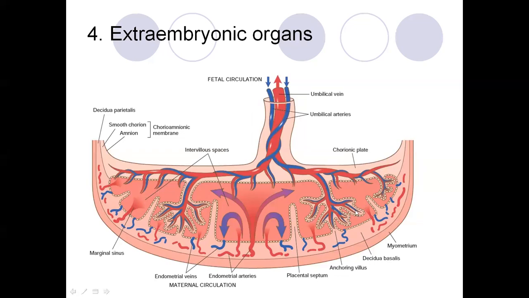These bloods can only exchange some substances through the wall of villi, through the connective tissue, through the syncytium and cytotrophoblasts, which cover all villi, and also above the syncytium in the late stage of placental development, we can see fibrinoid. Fibrinoid is a layer of proteins.